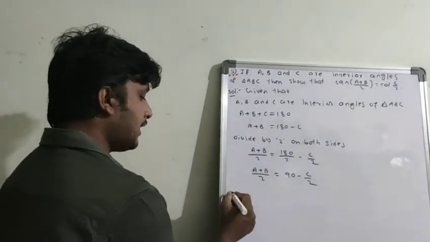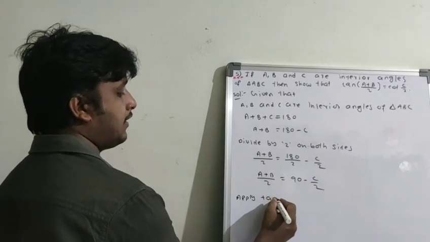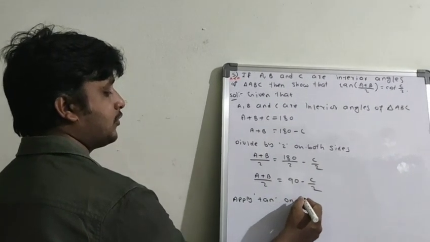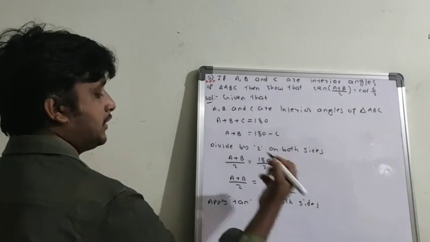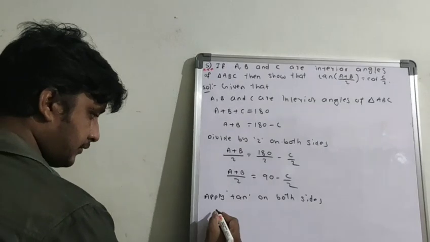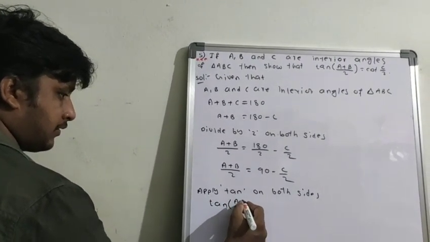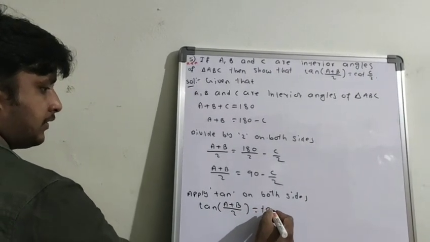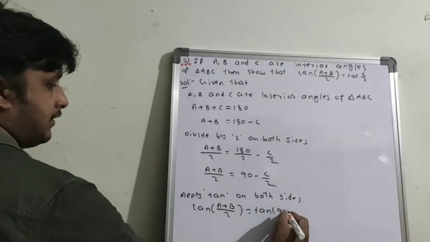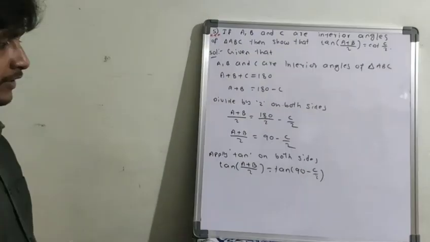So apply tan on both sides: tan (A plus B) by 2 is equal to tan (90 minus C by 2).